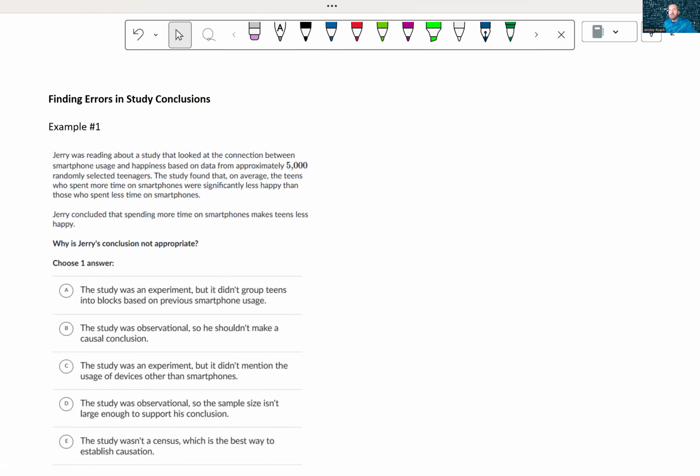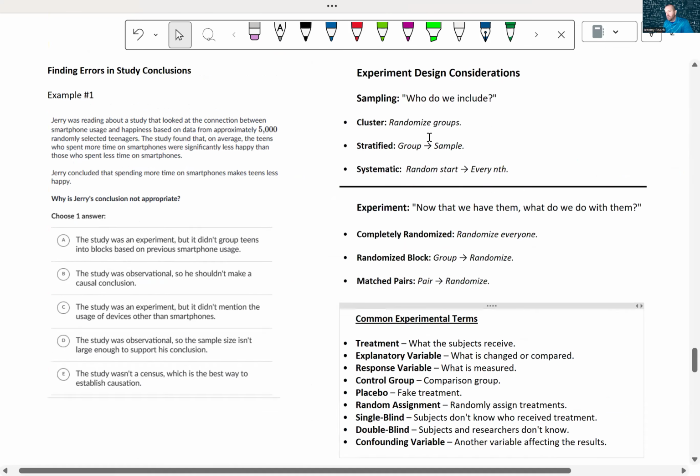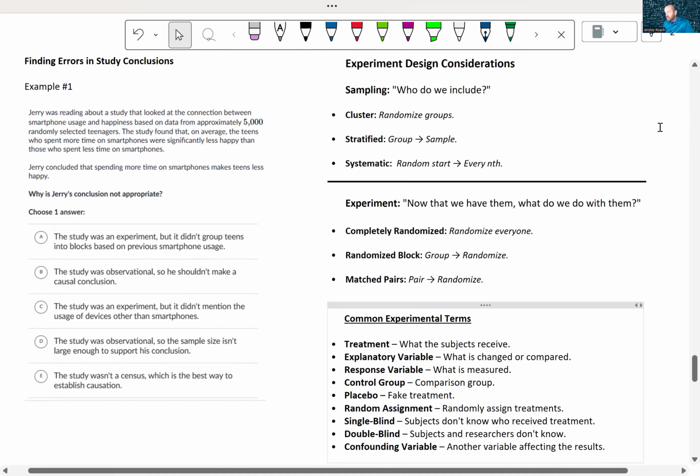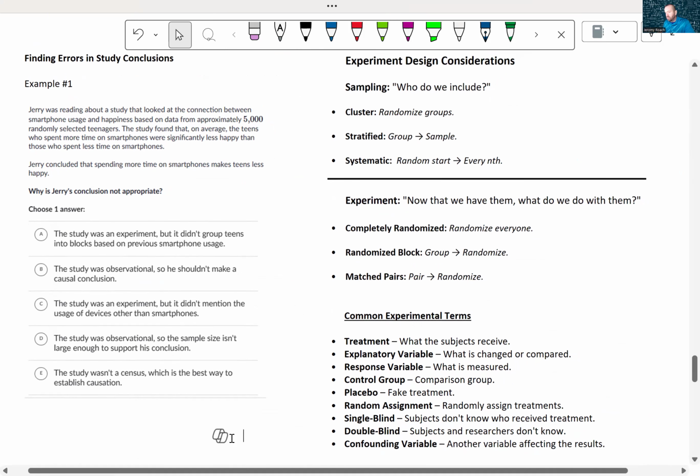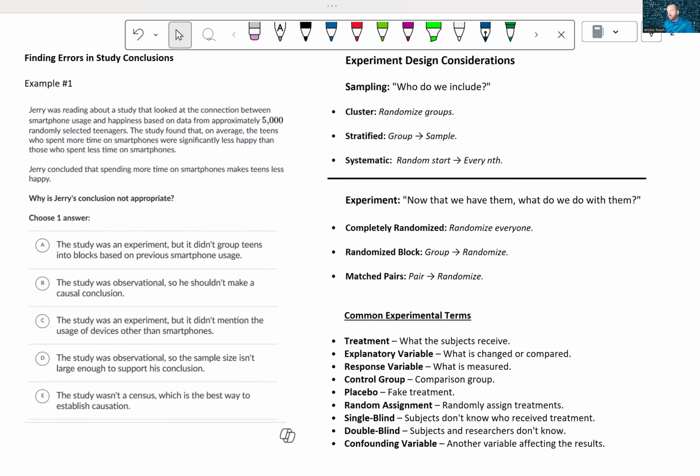Let me put these key terms up here one more time so that we have them, because I think that's going to be helpful. I'll just copy this here so you can see it. We're going to need these experimental terms for all of these. This first one wants us to find errors in study conclusions.